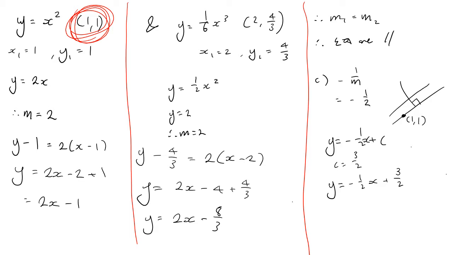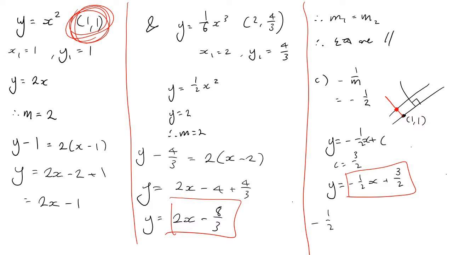And so our next step, so let's say that's the tangent. Now that's the normal we have. And we want to find the point where the normal cuts the second tangent. And to do that, it's kind of like simultaneous equations, but we make this equal to 2x minus 8 on 3, because that will find the common point where they intersect.